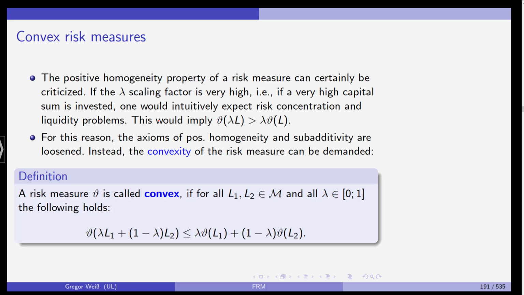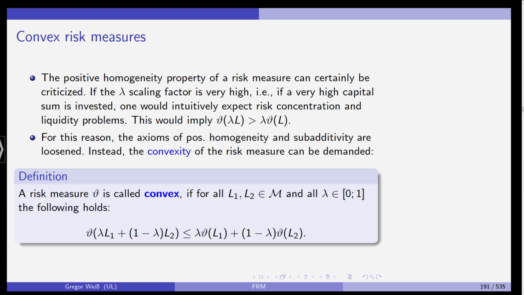I told you that the positive homogeneity property is sometimes a little bit too restrictive because in industry, if you buy up all stocks of one company, actually your risk is higher because the scaling factor might be 10, but because of liquidity concerns, because you're a high stakes investor, you might not be able to liquidate your position so easily.